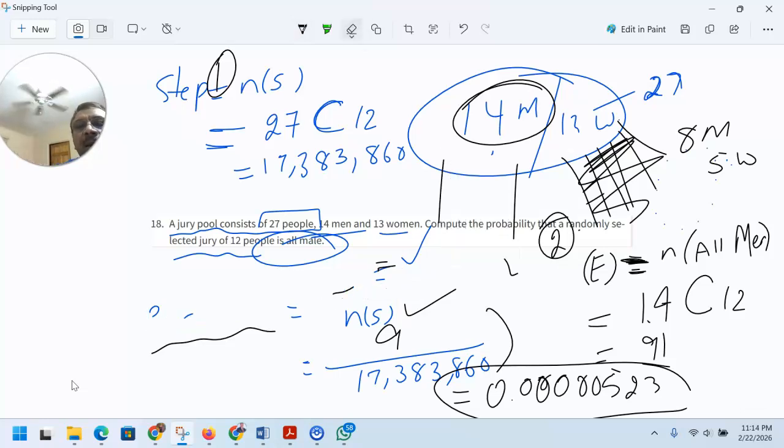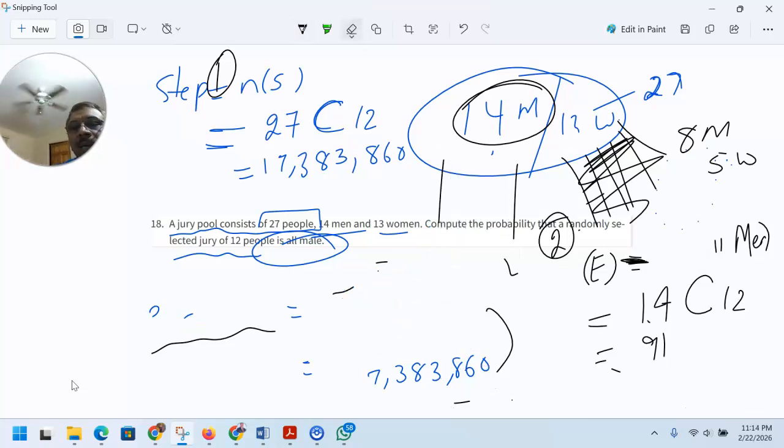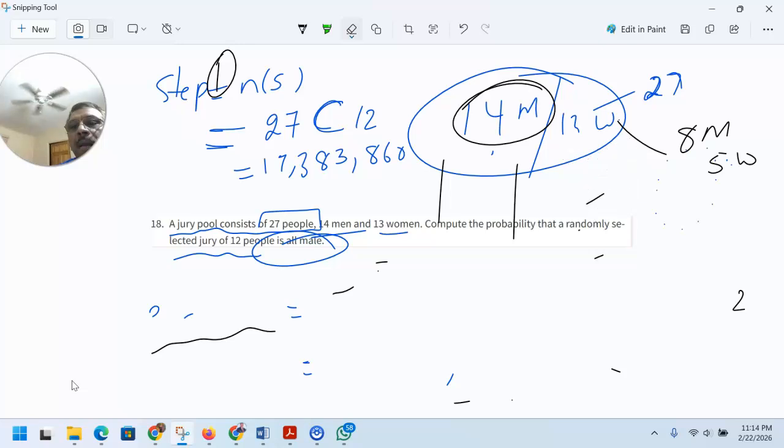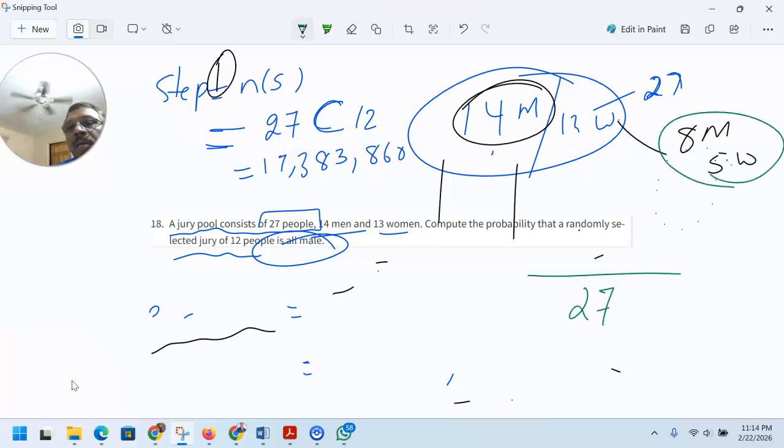See, I'm just changing this question. If they had asked us for 8 men and 5 women, first of all, there are 27, and you're picking all together 12, right? So C of 27, 12. And then you'll have to do two parts. The first part is 8 men. There are 14 men, and from 14 you're picking 8 men.